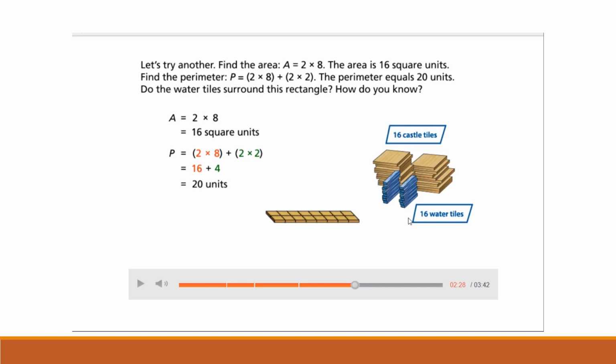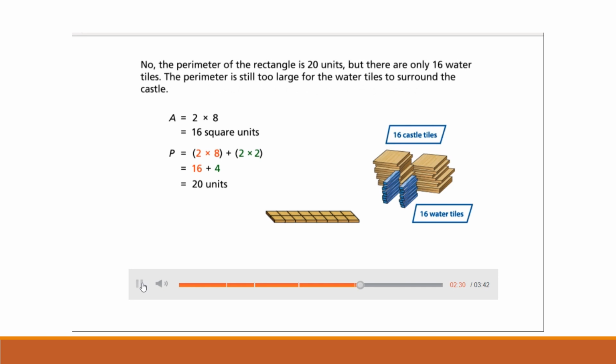We only have 16 water tiles. 16 is less than 20, so nope. No, the perimeter of the rectangle is 20 units, but there are only 16 water tiles. The perimeter is still too large for the water tiles to surround the castle.